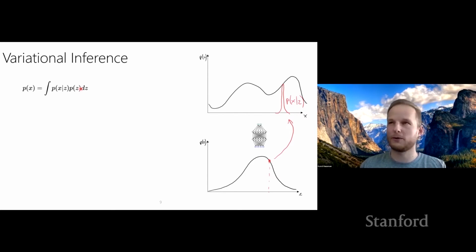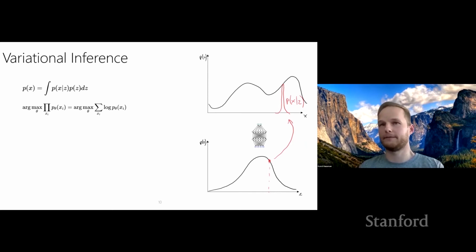All right, so I'll go through this relatively quickly. Let's see how we can go about it. What we are trying to do in supervised learning is maximize the log likelihood of our data. Here we have the ith data point, where i is the index of the data point. We have the IID assumption on our data, and we multiply the probabilities of our data under the model, and we're trying to maximize that.